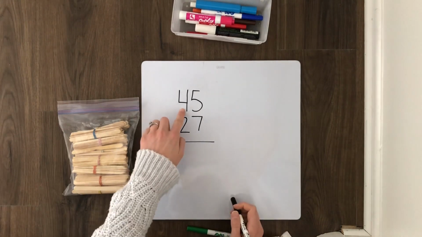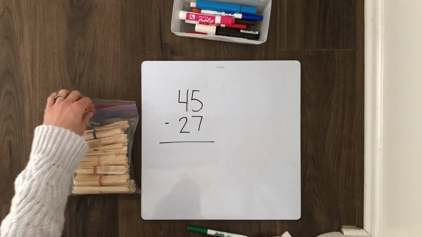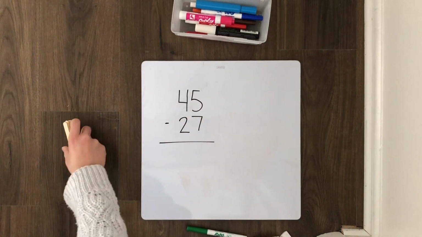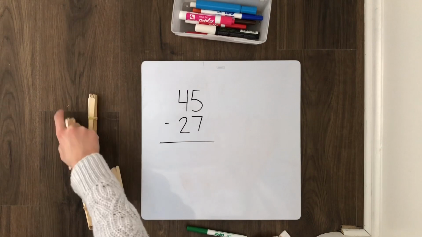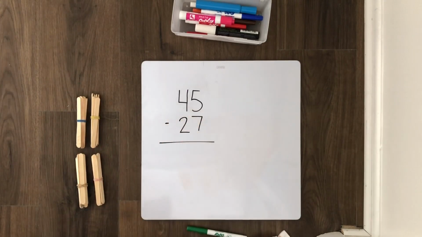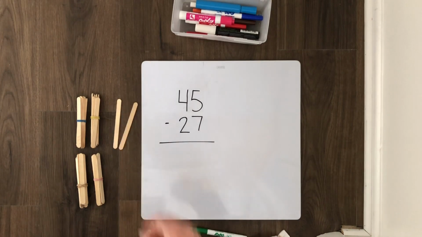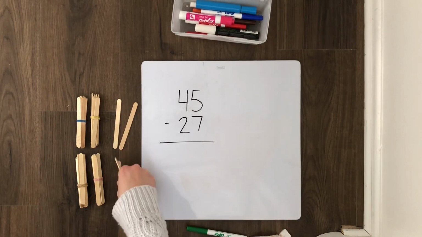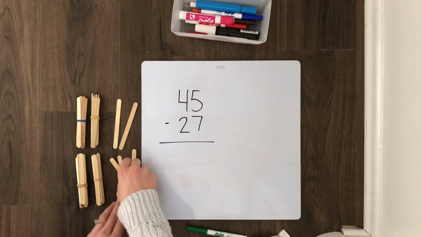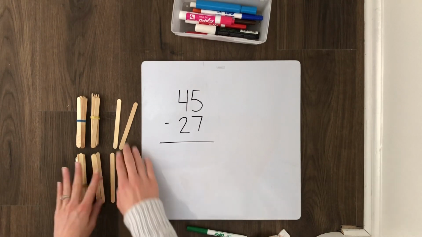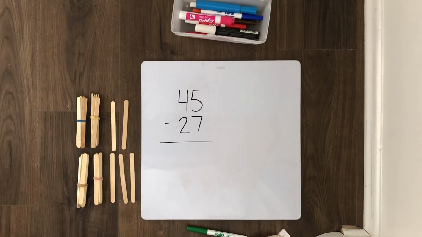That would be 4 groups of 10 and 5 ones. 1, 2, 3, 4 groups of 10, okay, and 5 ones. 1, 2, 3, 4, 5. All right. So I have 45 right here.